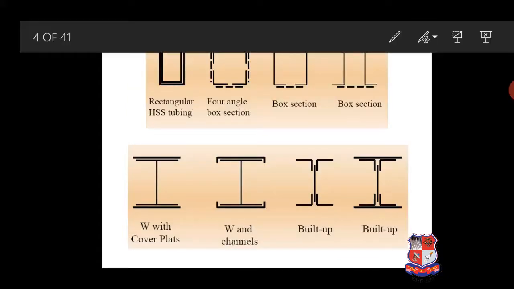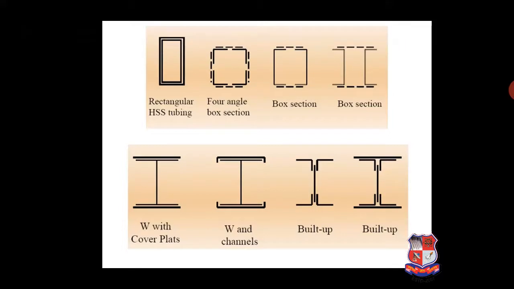Next one is built up section, for example 4 angle box section with cover plate and built up section. So these are the sections we can use as a compression member.